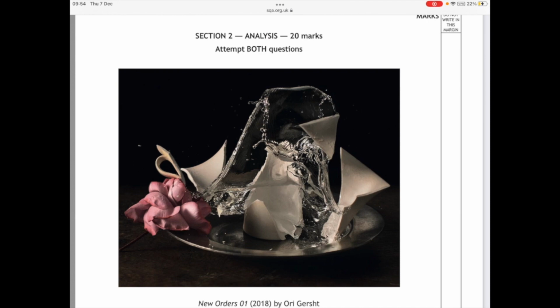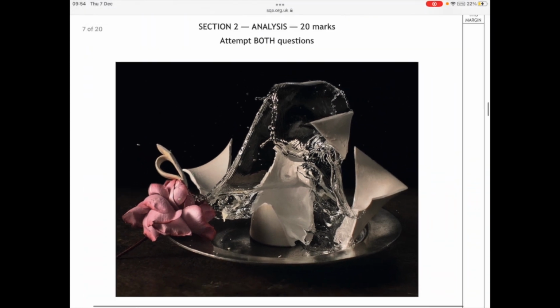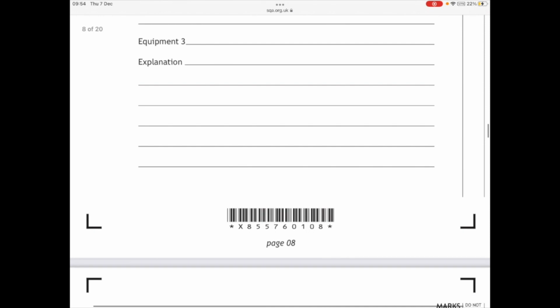So rule of thirds is used, and we're saying where it's being used: the left intersection, and it draws the viewer's attention to that part of the image. You could say that helps the flower become the focal point as well. So you could go further with that answer. We'll move on to question D now. Obviously, you can do this at your own pace.